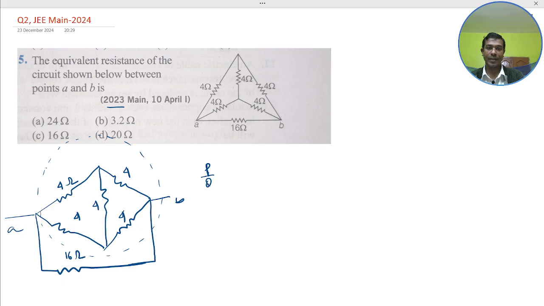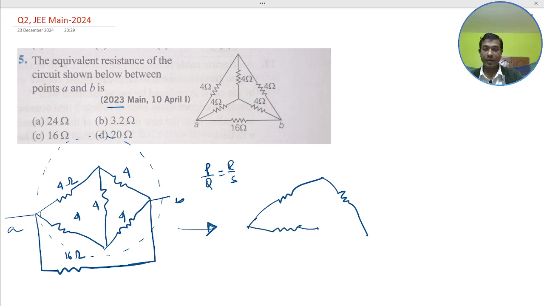In this section, basically P by Q is equal to R by S. This is a balanced Wheatstone bridge. So simplify the circuit in this form: this one is 1, and another resistance, and here is another resistance, the 16.